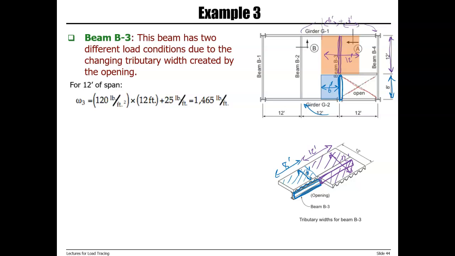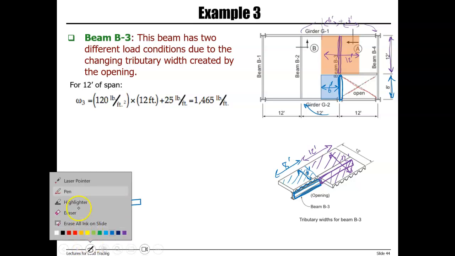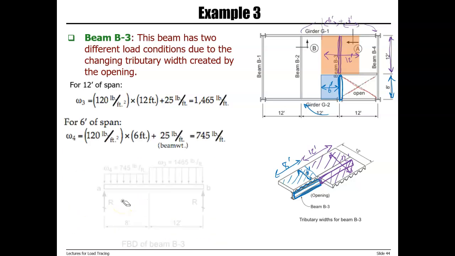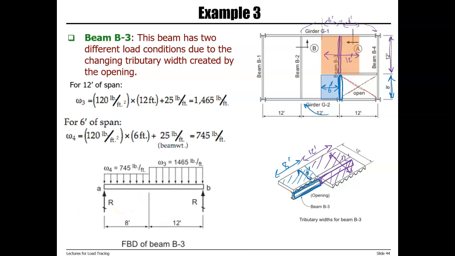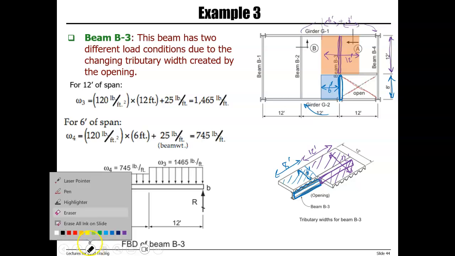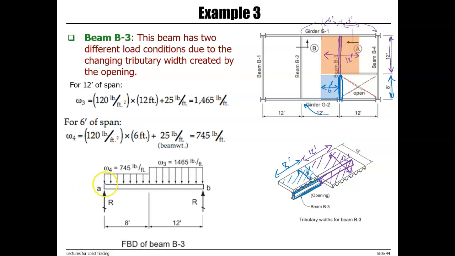So if we want to draw the free body diagram, this is the section where we have opening on one side and then we have the section where the load was transferred from both sides.